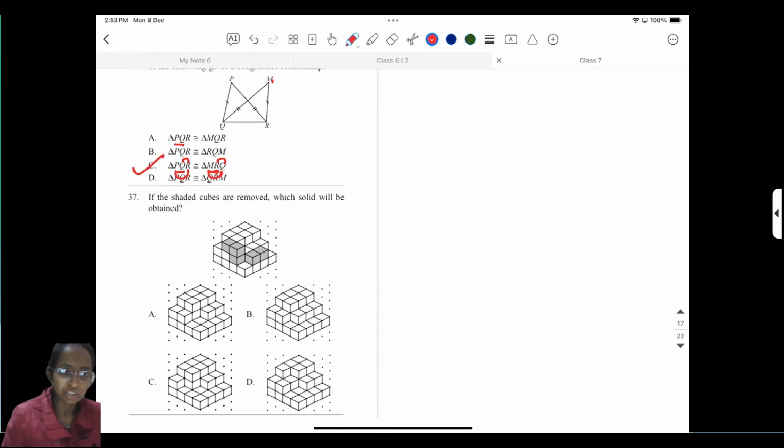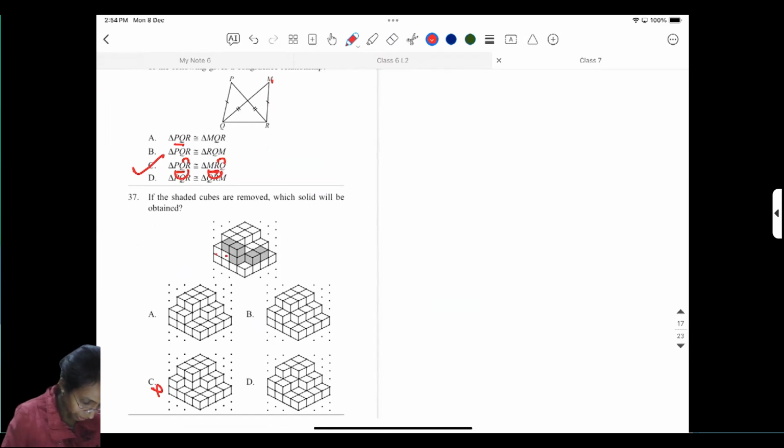Now the 37th question, if the shaded cubes are removed, which solid is obtained? So when we remove these figures, we will be having 2 rows left over here. So this is incorrect.